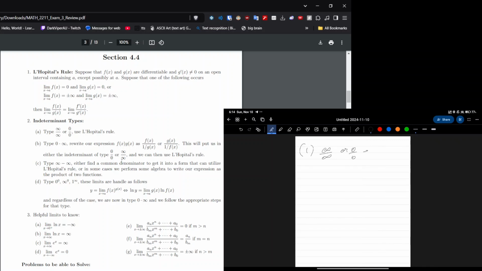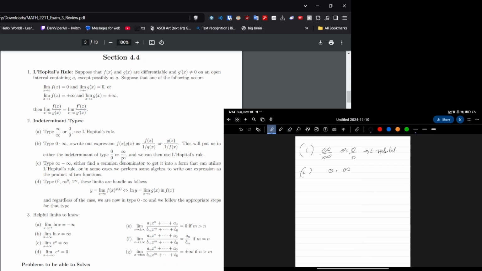What do I use? L'Hopital's rule. Next, my form is 0 times infinity. It is not 0, it is not infinity; it is an indeterminate type. We don't know what the answer would be. That's why we work our way around and use L'Hopital's rule to find it.